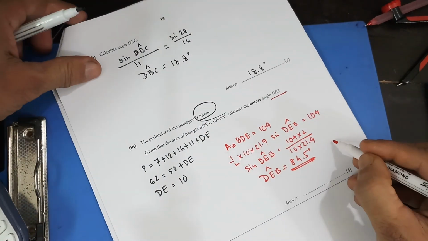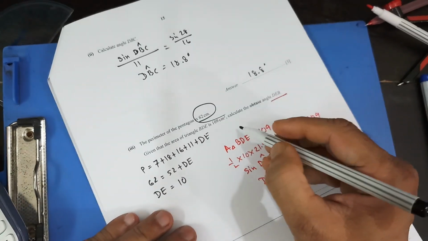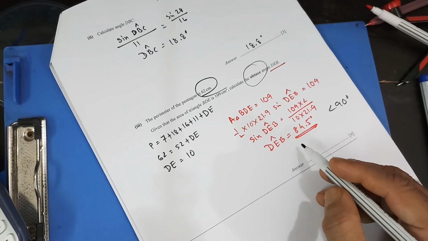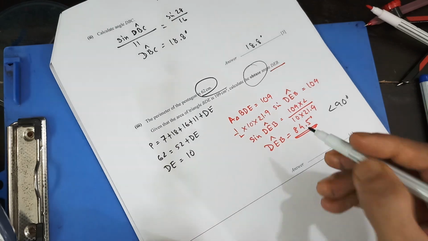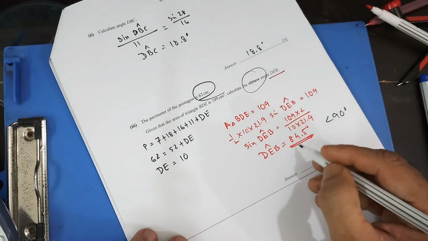Now this is acute, less than 90 degrees, but the question is saying obtuse angle. I have one video on sine trigonometry and obtuse angles. I want you to see that if you don't understand what I'm doing here.